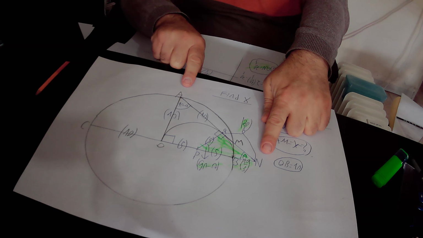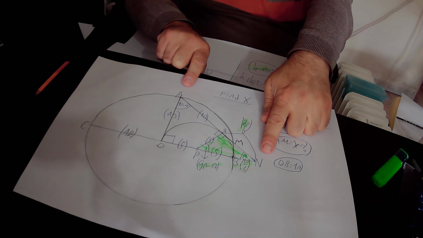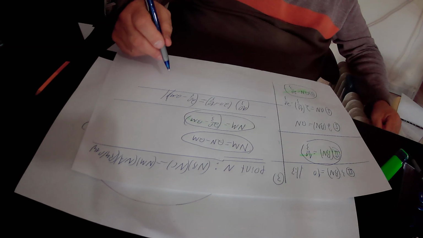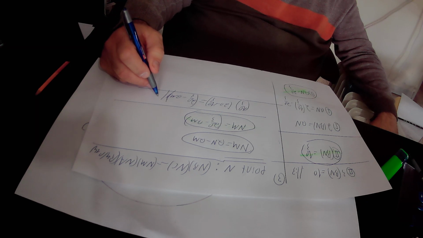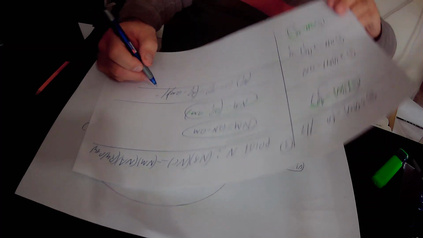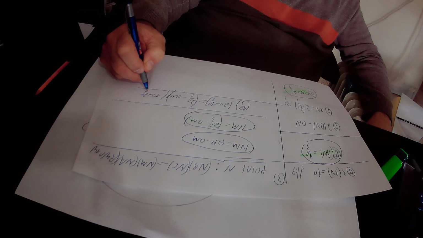AN equals AQ plus QN. That is to say, AN equals AQ, that is 10, plus QN, that is 20 over 3. So in total, AN equals 10 plus 20 over 3. So we write it down. NA equals 10 plus 20 over 3.